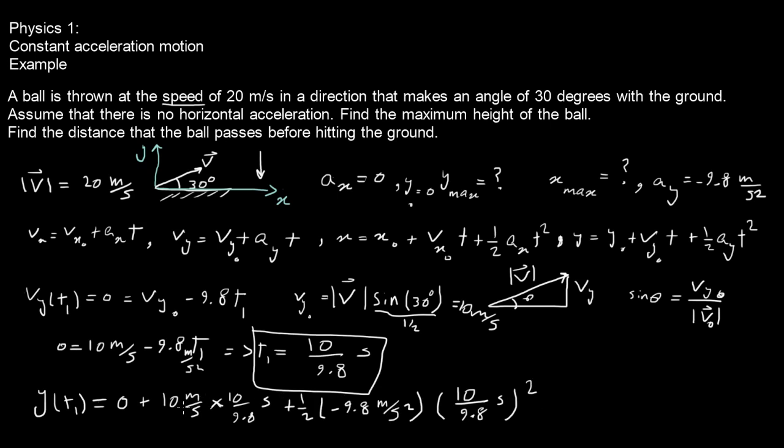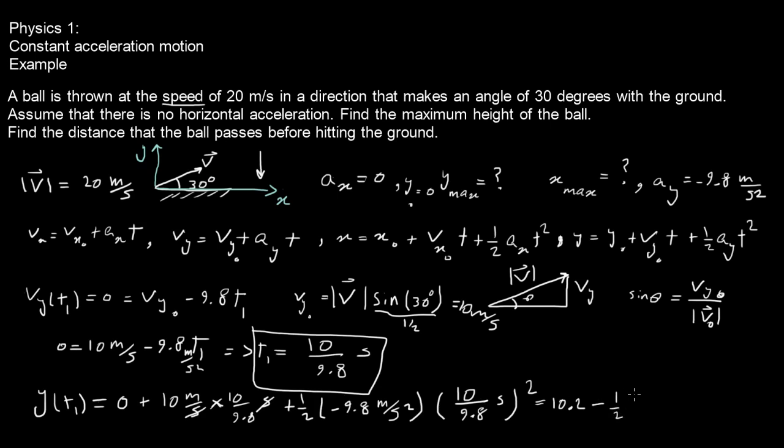Now if I use my calculator, I have 100 divided by 9.8 meters, because this second and this second cancel out. So it's 100 divided by 9.8 is 10.2, minus, because I have a minus here, half of that again.